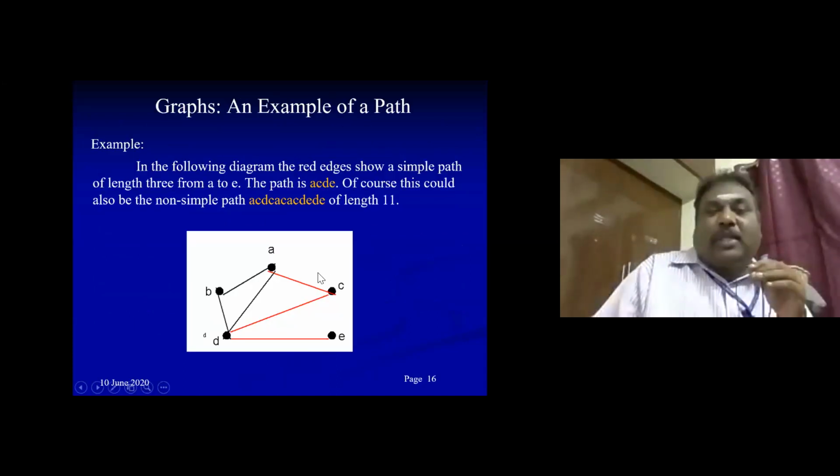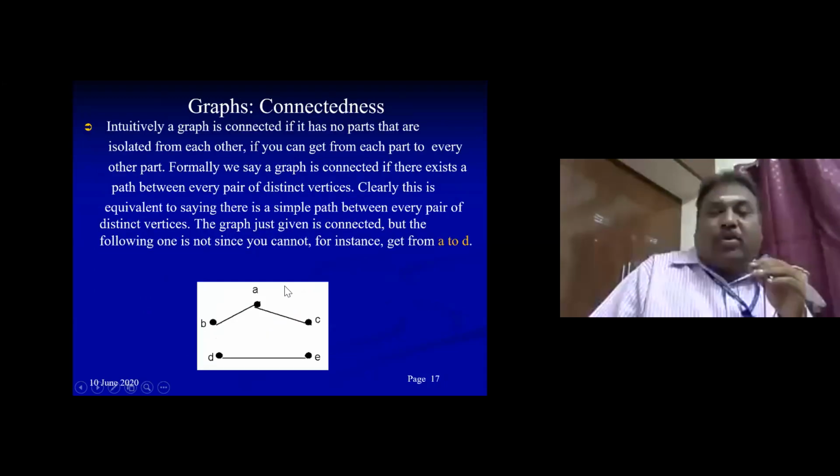Okay, fine. So this is an example of a path in a graph. You have a path A, C, D, 1, 2, 3. The length of the path is 3 because there are 3 edges on the path. Fine. Another concept is connectedness. If you look at this graph as a whole, it is 1 component, but two components are there.